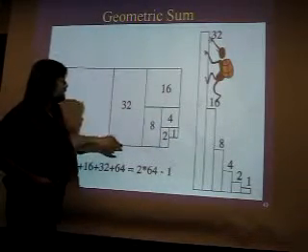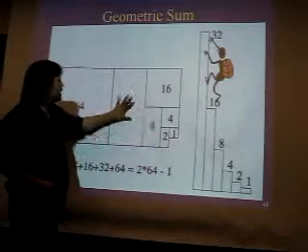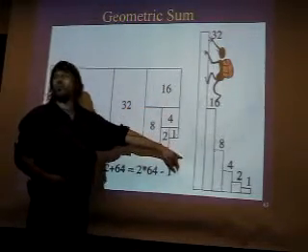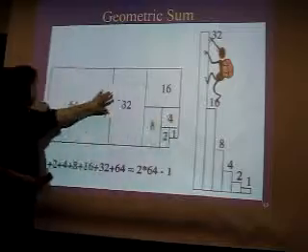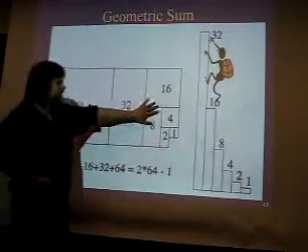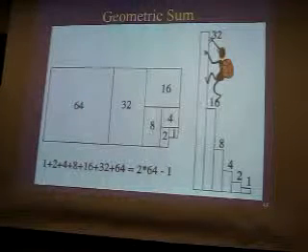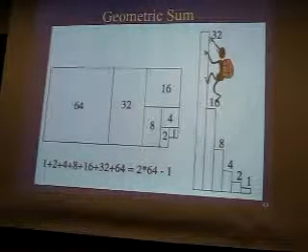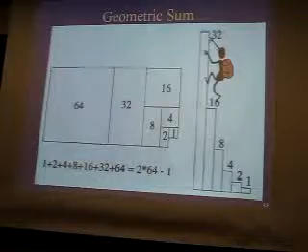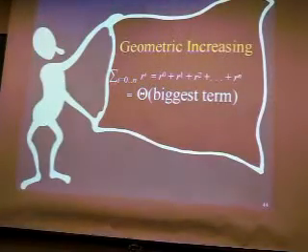Well, the sum is double the 32 minus 1. Right? And if you sum up to 64, then it's double the 64 minus 1. Right? The sum, in this case, is 2 times the biggest term minus 1.